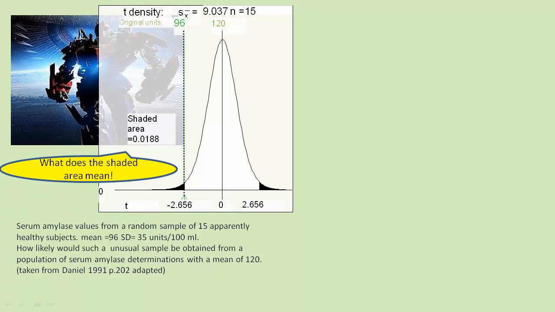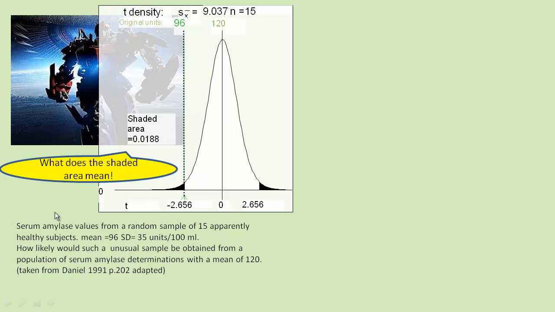Also remember that areas under the curve are equivalent to p-values, obtaining a specific range of t-values here, given that the population mean value is equal to 120 in the original units or 0 in t-values, if you look at the top and the bottom of the graph.